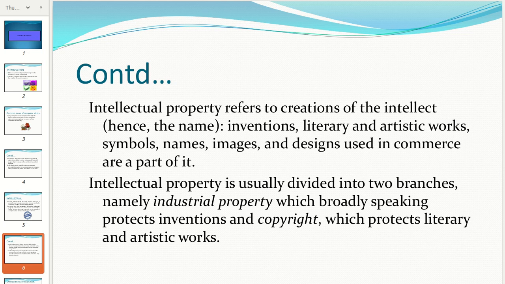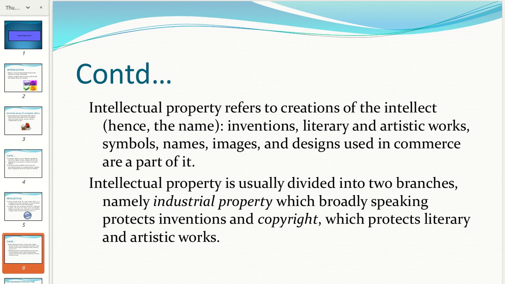It can be literary and artistic work as well if you consider it outside the domain of computer science. It could be a new symbol, a name, images, and designs used in commerce are also a part of it. So if you have some innovative design on a website, an e-commerce website or a payment website, that particular algorithm or design can also be considered intellectual property.